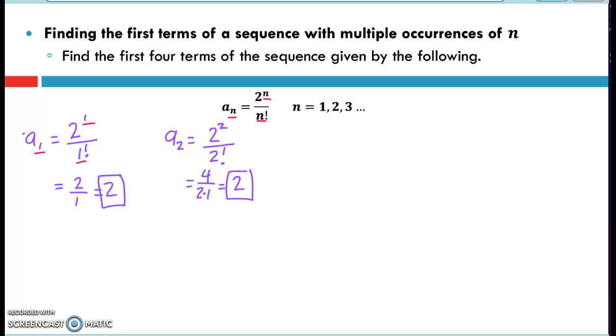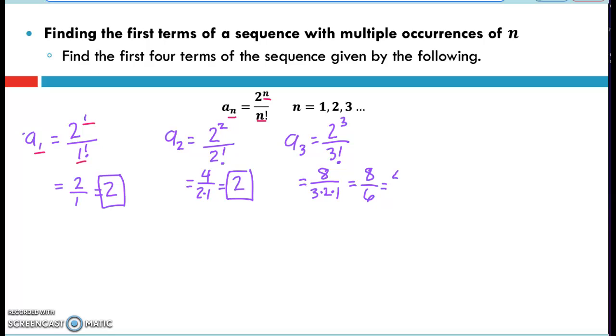Now, our third term is equal to 2 cubed over 3 factorial. 2 cubed is equal to 8, and then 3 factorial is 3 times 2 times 1. I can go ahead and multiply across the denominator and get, this is 8/6, right? And then reduce it.